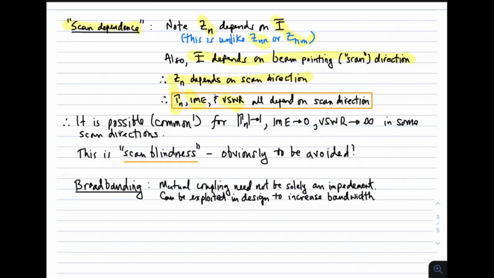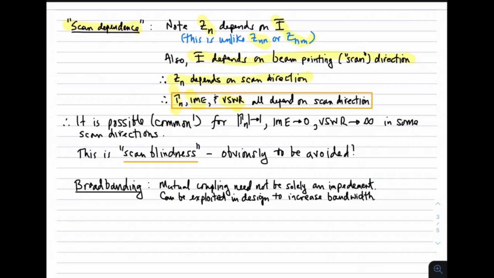Said differently, if you follow either one of these procedures to scan the beam in some direction, you will also find that the power radiated by the antenna and the reflection back to the source will depend, that is, vary on scan direction. It will not be a constant, it will certainly vary.